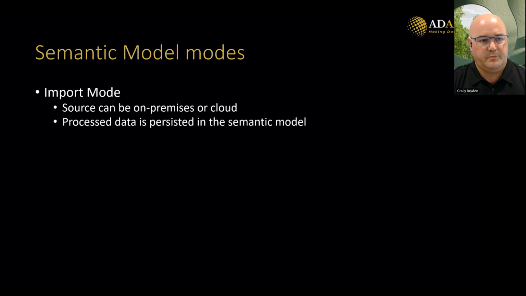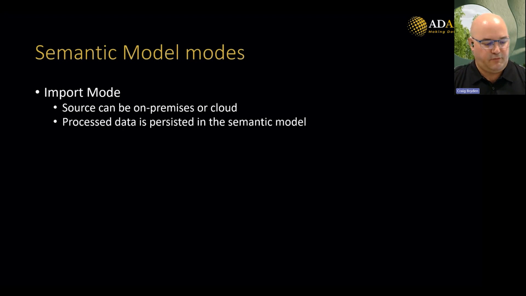So import mode has, for as long as Power BI has been around, been the default mode, and in most situations, the most desirable mode. So yeah, your sources can be on-premise or cloud, and process data, and as the name suggests, the data is actually imported into the semantic model.